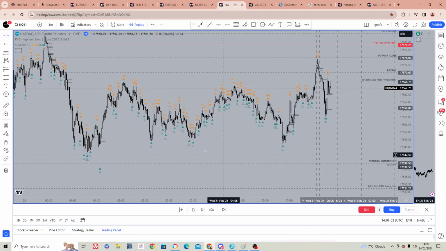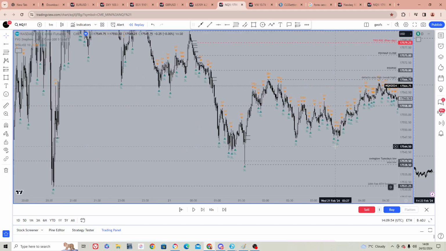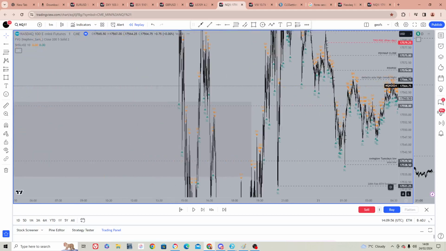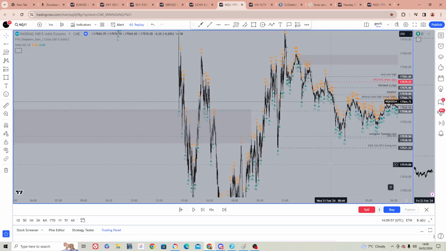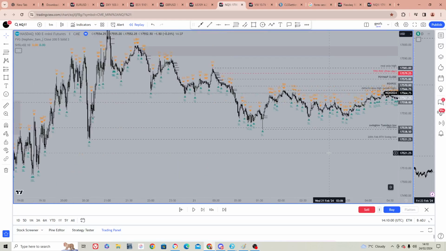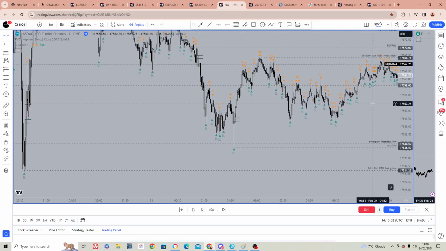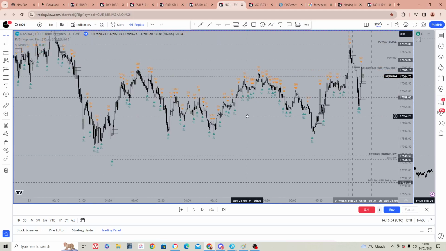So this is why I want to talk a little bit about your sympathetic nervous system versus your parasympathetic nervous system. If you're in a trade or looking for a trade, you don't want to be doing things that are going to put you in fight or flight, because that will destroy your logical thinking.